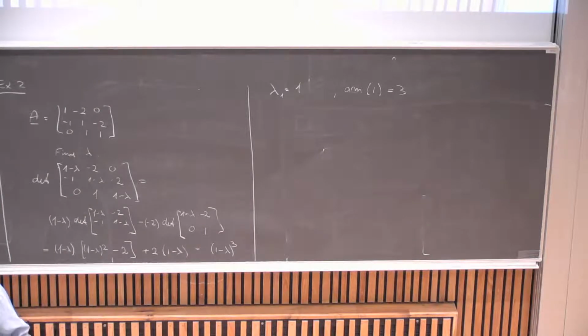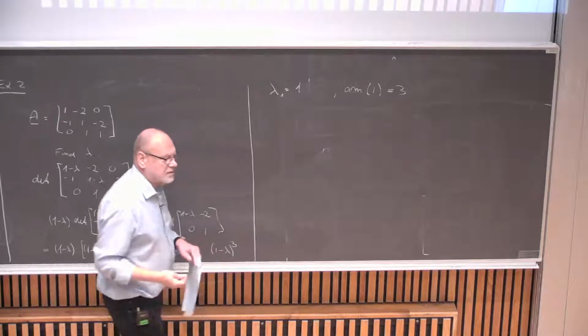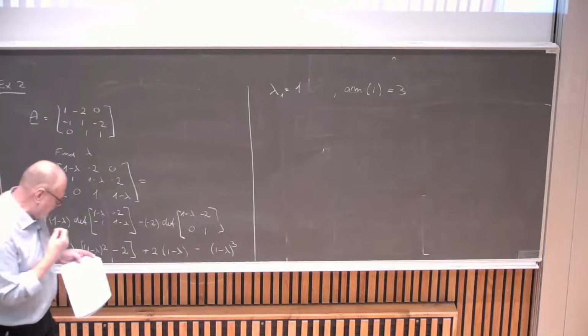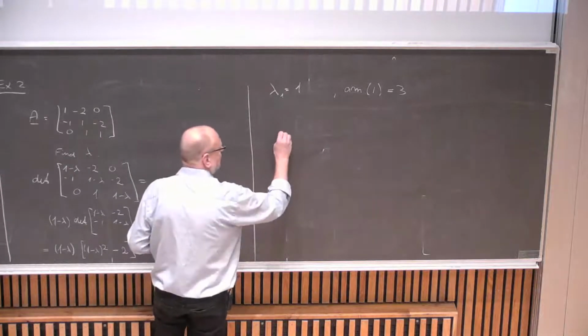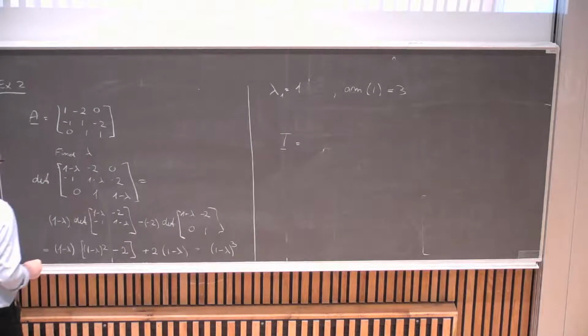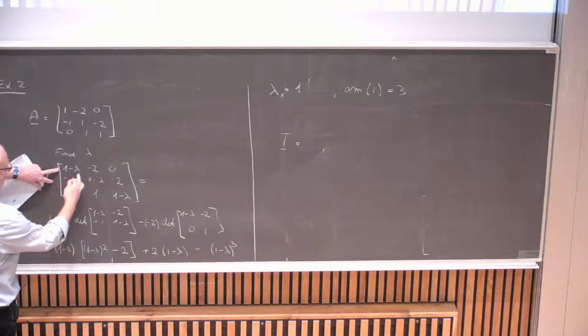So what we're going to do now is find the eigenspace, that is the space of eigenvectors corresponding to this eigenvalue. And in order to do so, I form the augmented matrix. When I put in my lambda equal to 1 here, I get 0 in the diagonal.